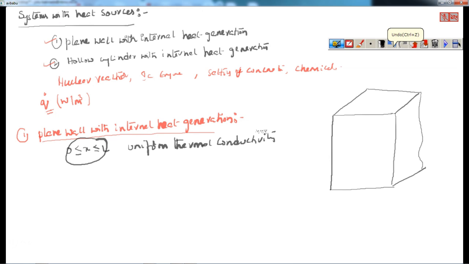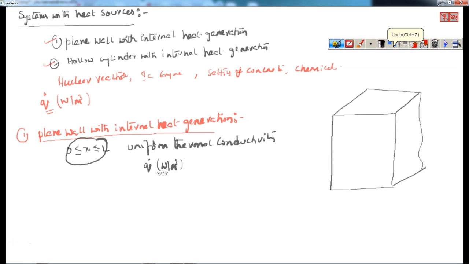Let an electric current pass through the slab, causing a heat generation of Q dot. When electric current passes through the slab, it generates heat denoted as Q dot, and the unit for this is watt per meter cube.